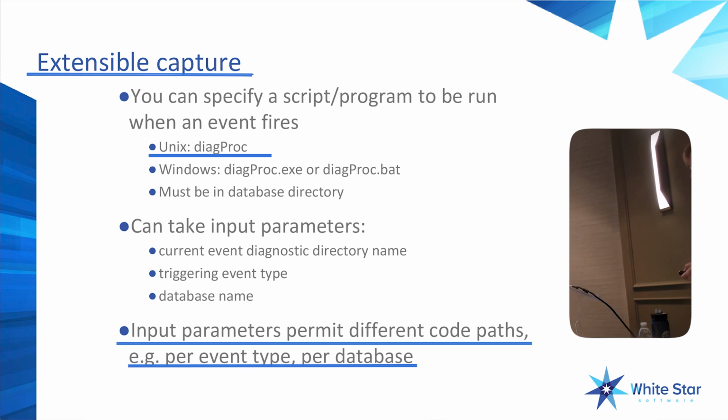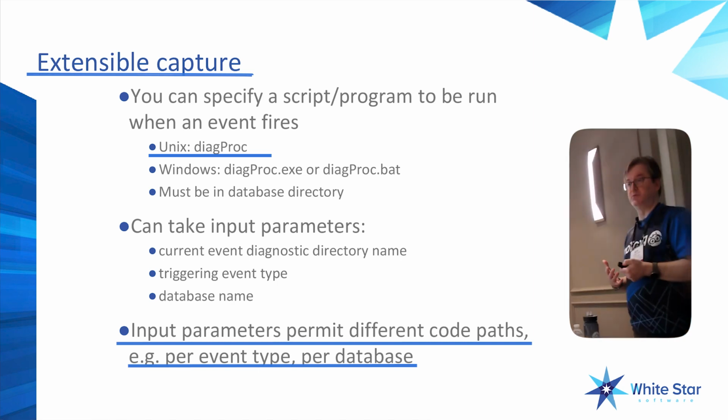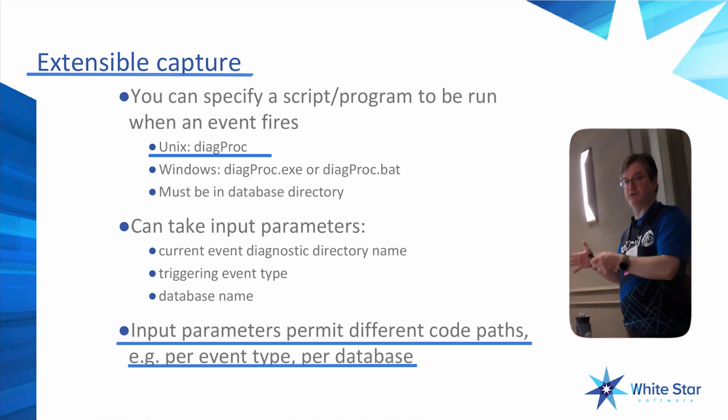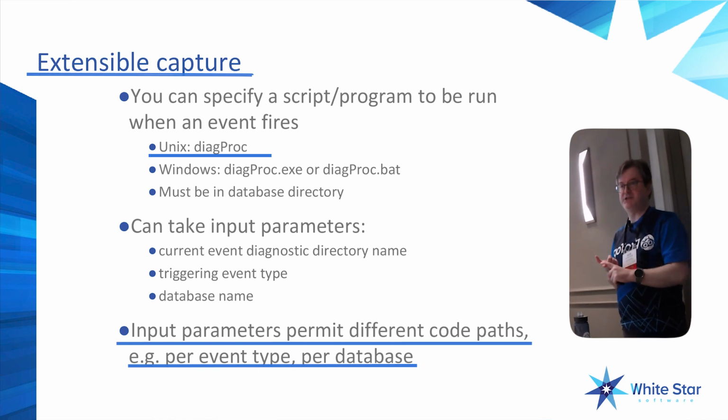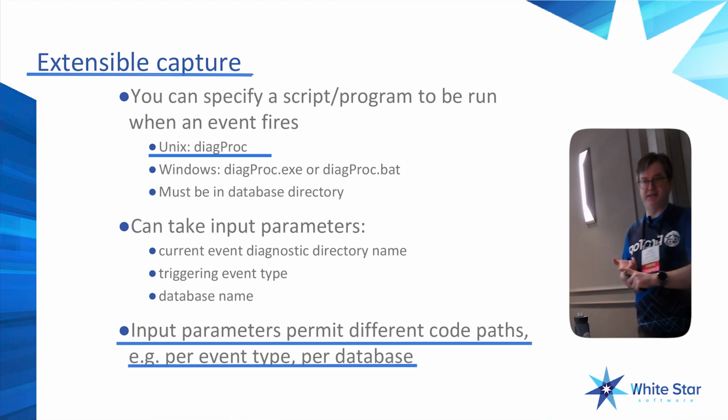It can take input parameters, so when the script gets run, it will be passed the path of the event directory, the event type, and the database name. That's really nice because you could have your script run tailored blocks of logic depending on what application it is, based on the database name.